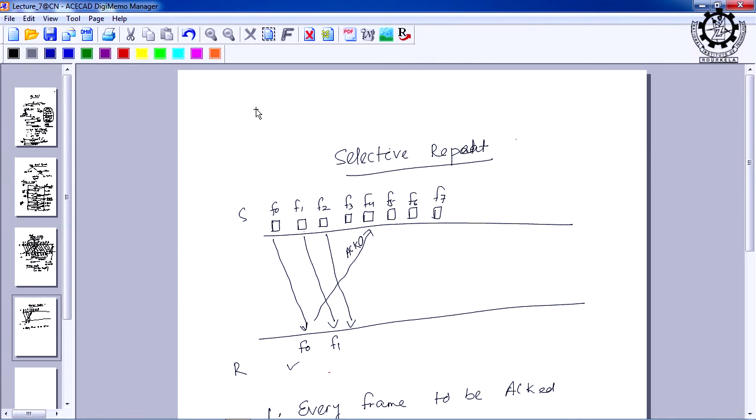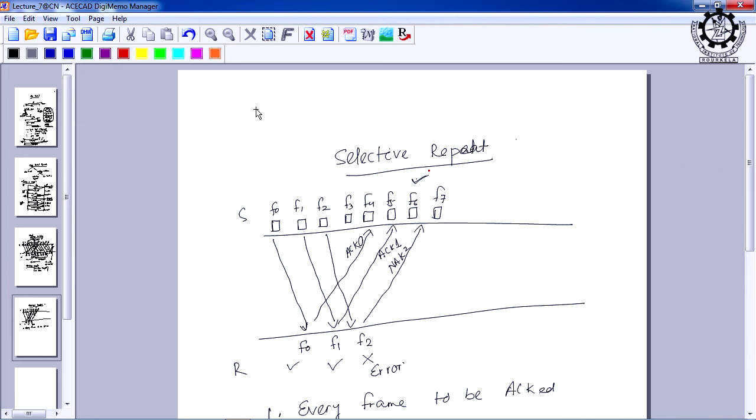Then F1 received successfully, this also sends an acknowledgement ACK1. This is F2 error, it sends the NAC for this, NAC 2.